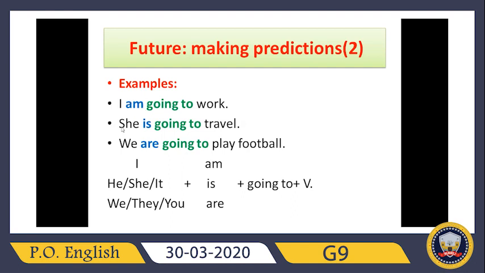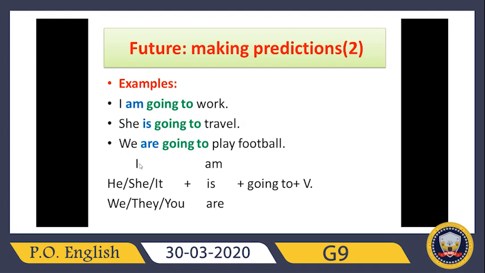Am with I. She, he, it with is, going to plus verb, the infinitive verb, without is, without ed, without ing. Here we are going to play football. We, they, you with are, then going to play football.